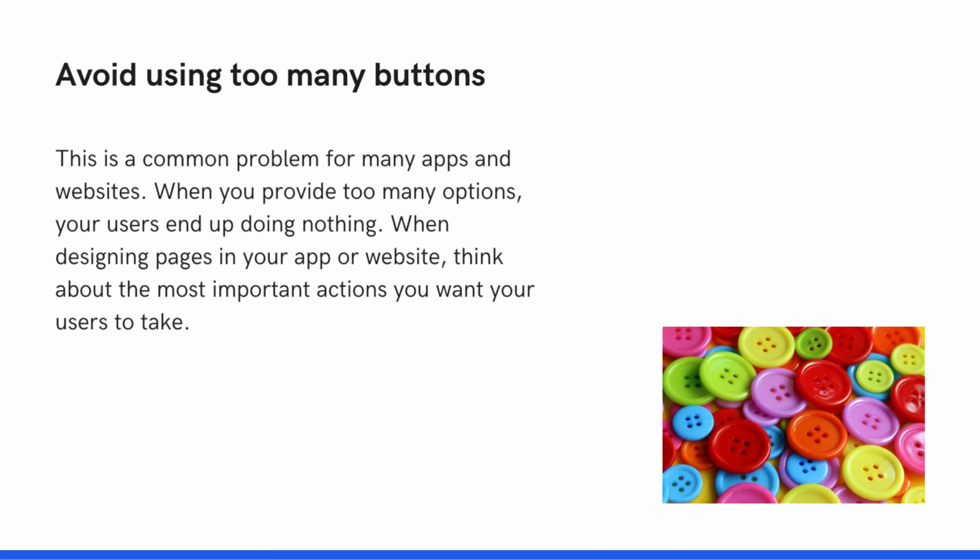Of course, if it is a shopping page and it has many products, yes, I understand. But if you want your users, for example, to buy a product in a page that is about one product, just make one call to action button. Do not shower your users with many buttons because it is really ineffective.